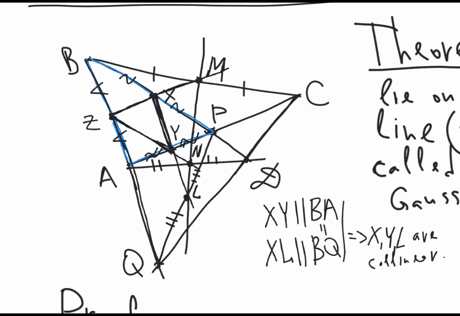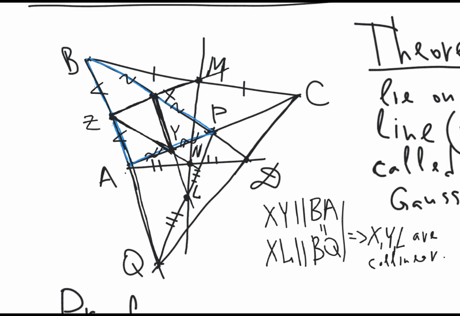Well, we can just see that if we have a homothety with center P that makes everything twice smaller, then B maps to X, A maps to Y, and Q maps to L, right?